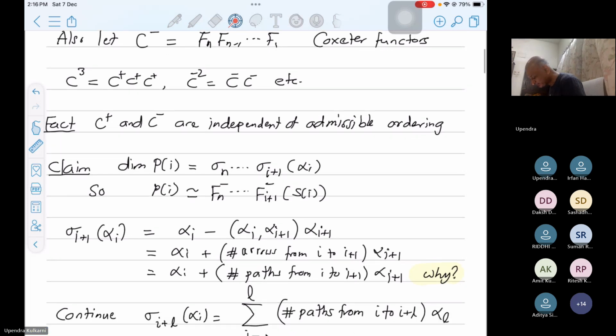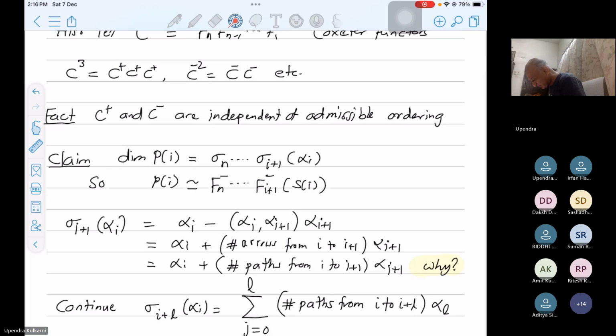I show that, so if I apply sigma, sorry, this is wrong. So what I'm going to do now is apply sigma i plus 2, not to alpha i, but look at the picture that I have.